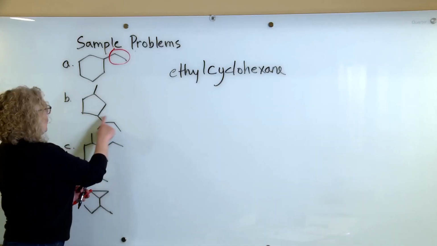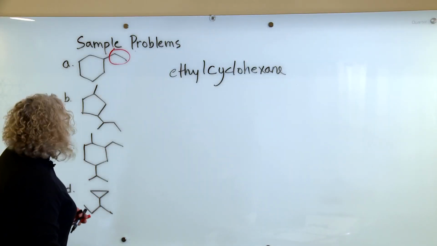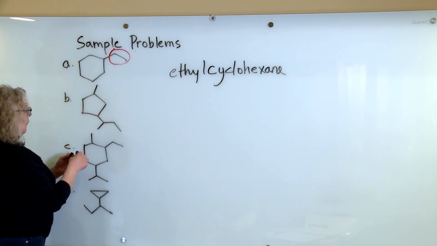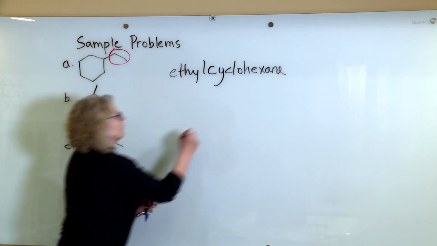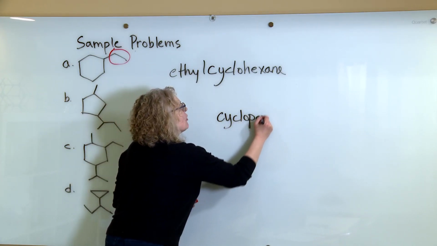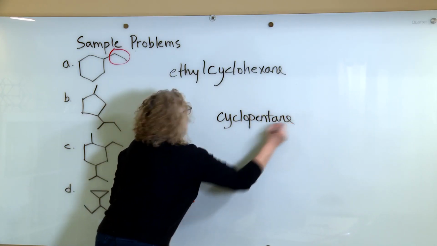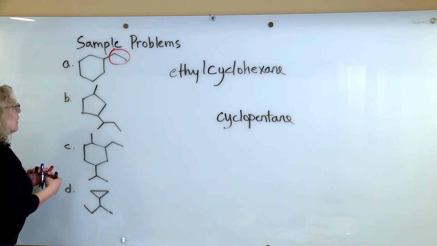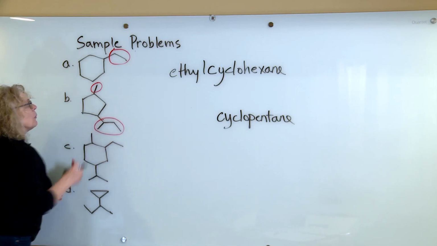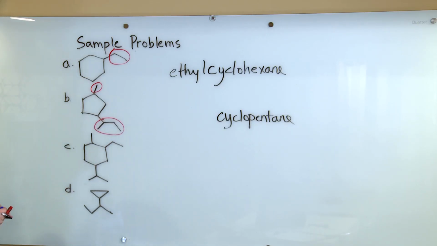The second problem has a 5-membered ring, and so it is a cyclopentane. It has 2 substituents. It has a methyl, and it has a sec-butyl substituent.